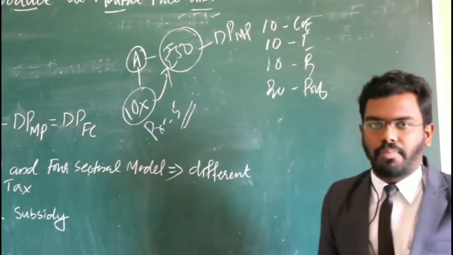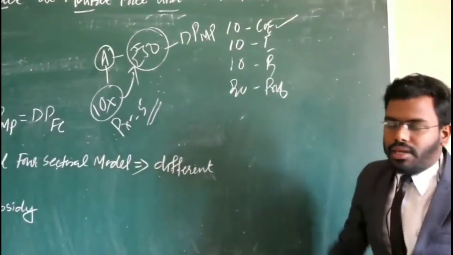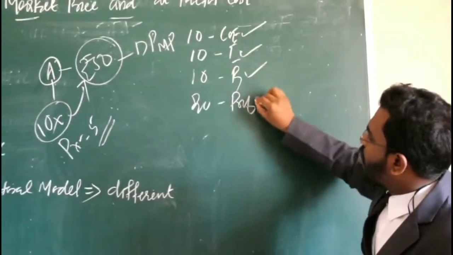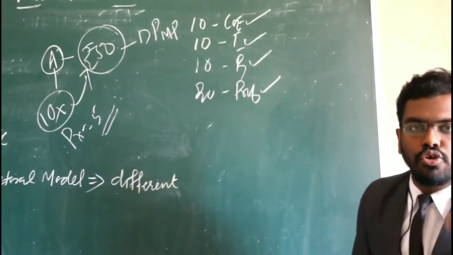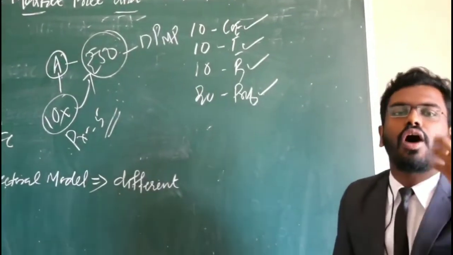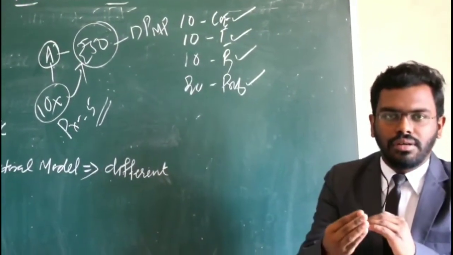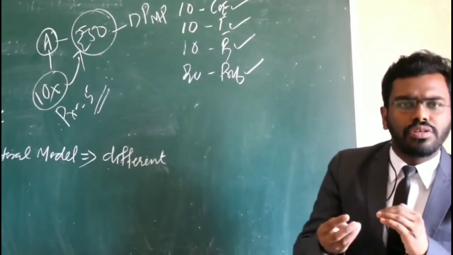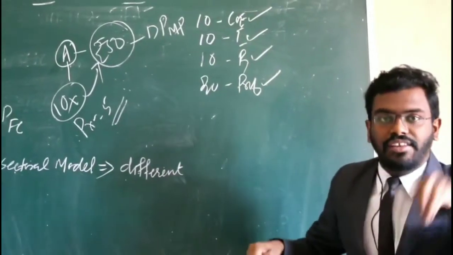Okay, at the same time, this compensation of employee, interest, rent and profit is an income for the consumer, or an income for household. From the side of producer, it is a payment, factor payment.